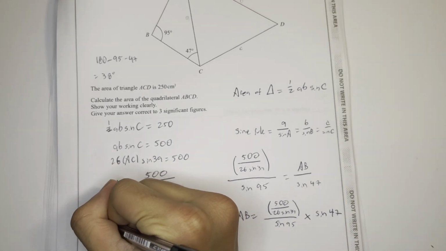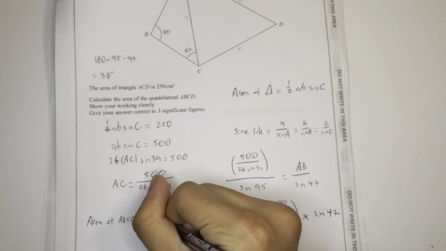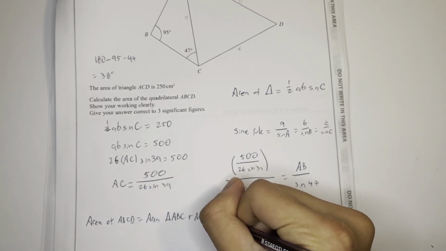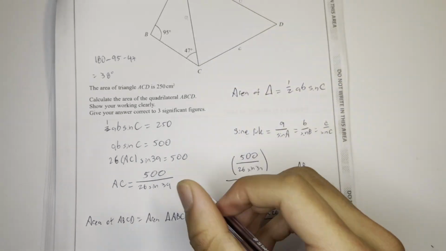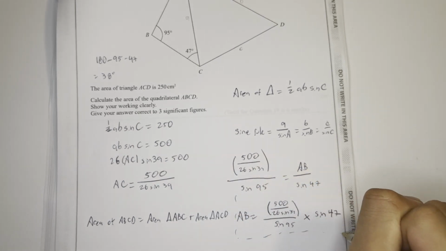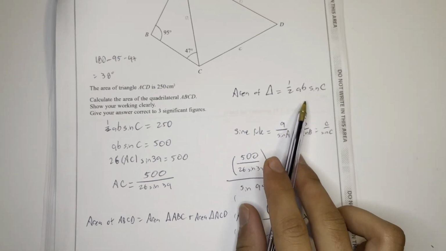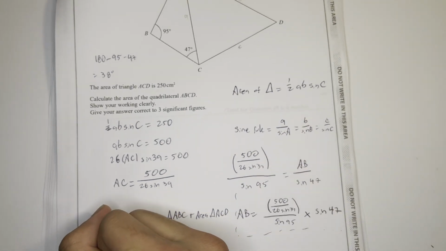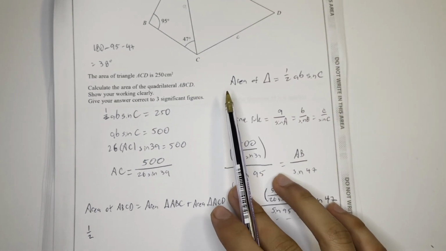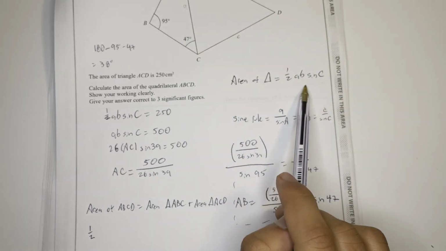To find the area of the quadrilateral ABCD, we take the area of triangle ABC plus the area of triangle ACD, which was given in the question as 250 centimeters cubed. To find the area of triangle ABC, we'll use the half ab sine C formula. So we have 1/2, and we can choose side AC, which we worked out, as our a value.